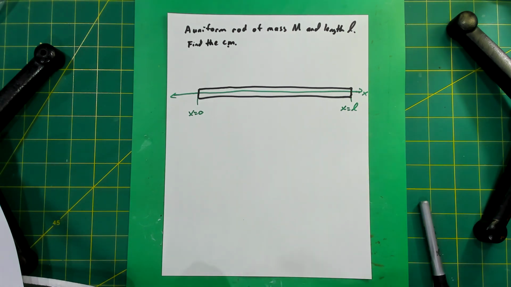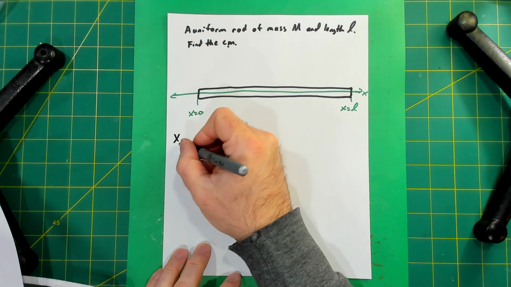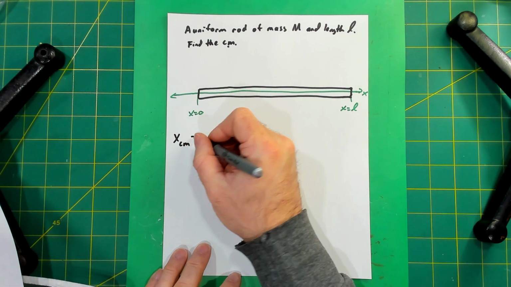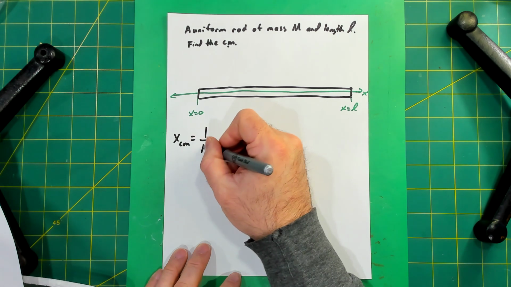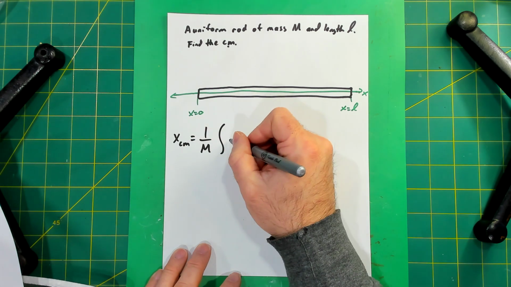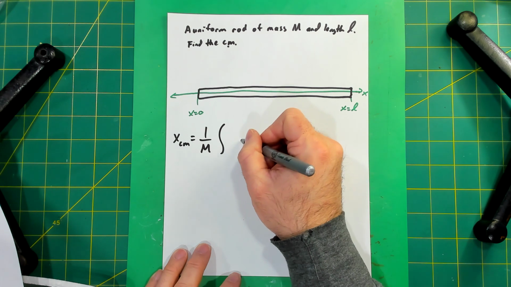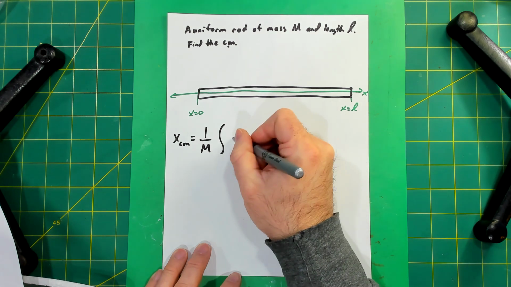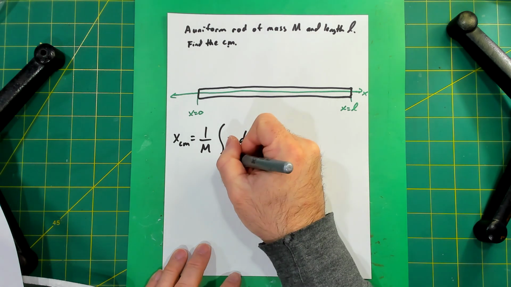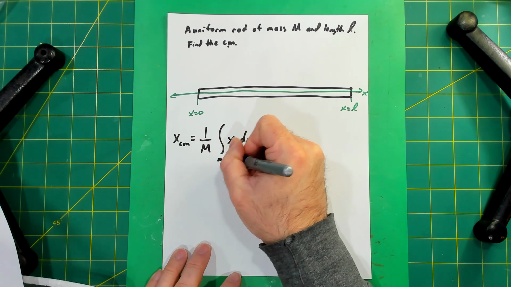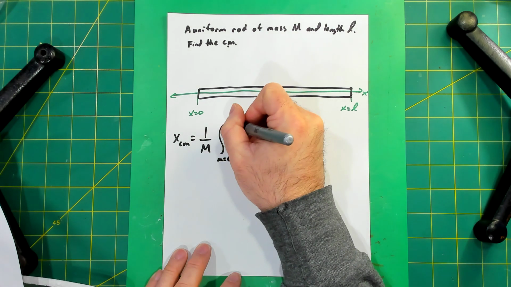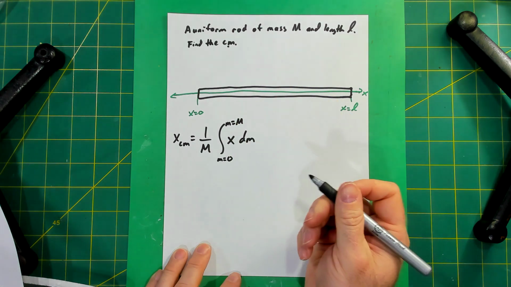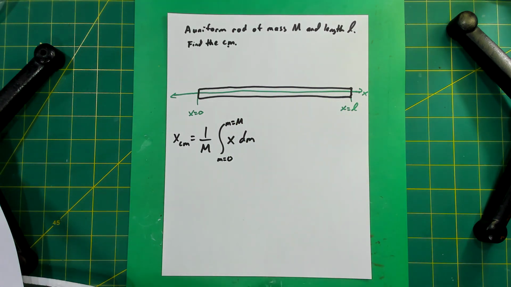And what I'm going to do is, our formula says that to find the center of mass, we want to take the sum of all the little bits of mass times their positions, from m equals 0 to m equals big M, all the mass in the object, right? And so I'm going to slice it up, slice, slice, slice, slice, slice.